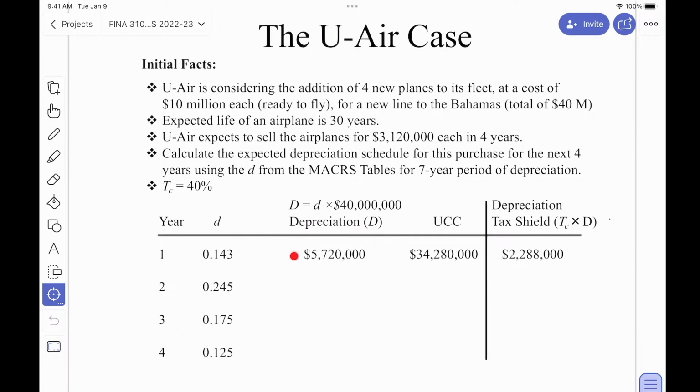So this is the amount that you can claim as an expense for taxes. This represents the wear and tear on the planes and diminishes the value of the planes from 40 to $34 million.